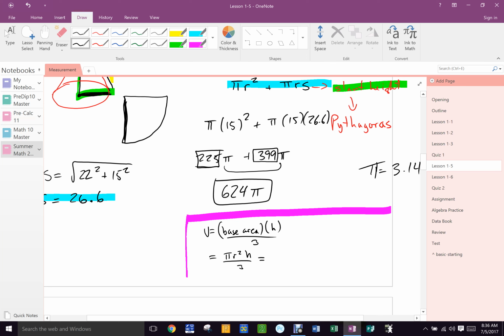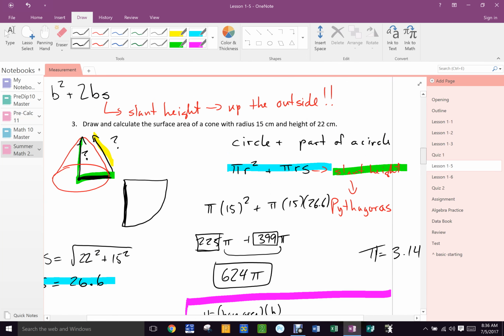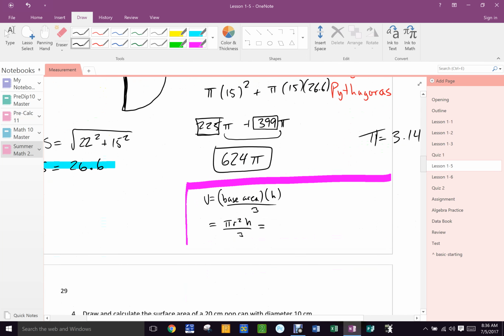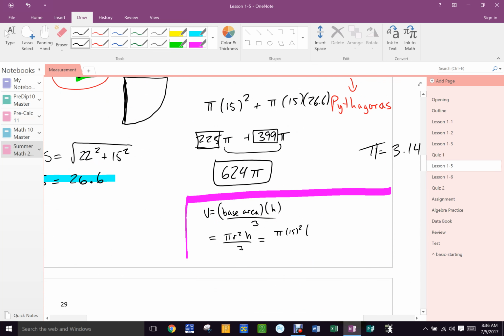We knew the r was 15. So it's pi times 15 squared. We knew our height was 22, wasn't it? 22. And then we divide the whole thing by 3.